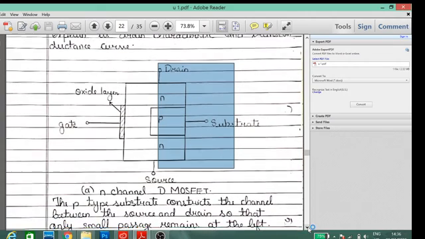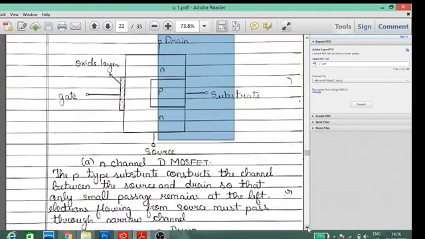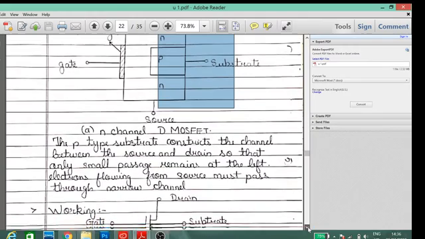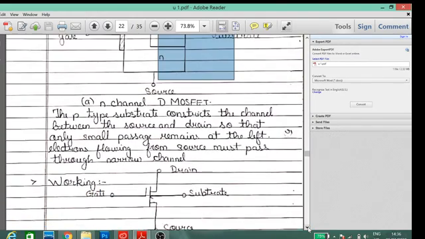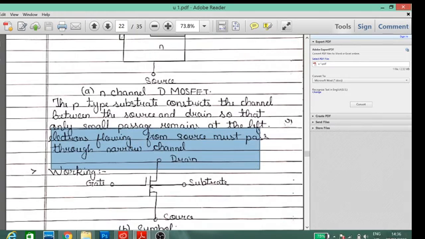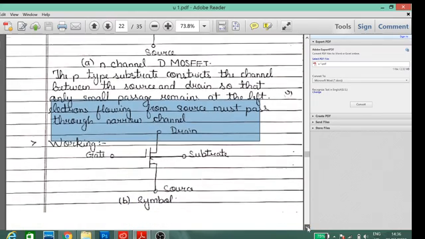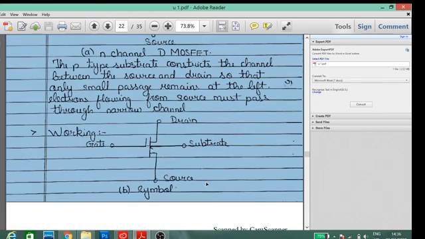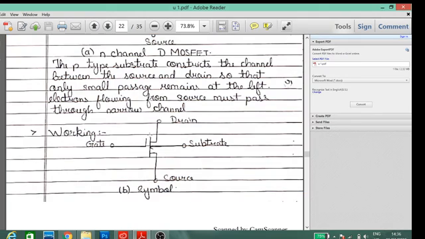A P-type substrate is constructed at the channel between the drain and source so that a small passage is left, and the electrons flowing from the source must pass through the narrow channel. The schematic symbol for the depletion MOSFET is this.